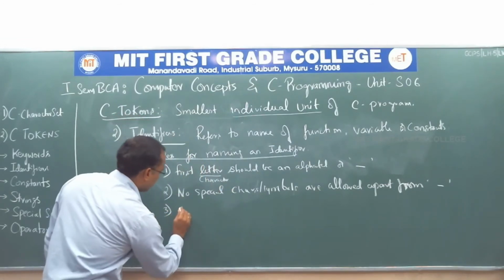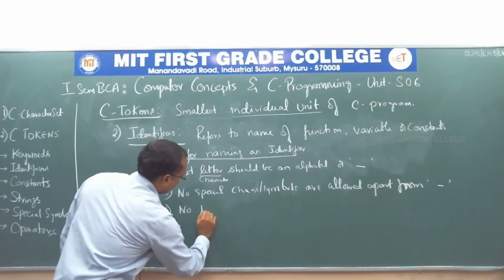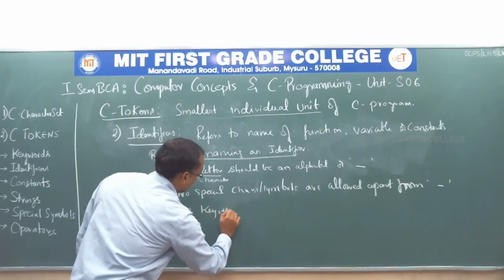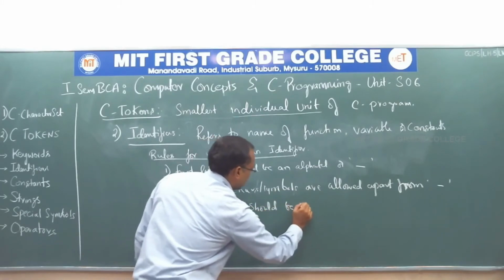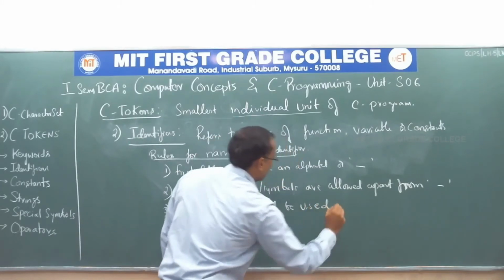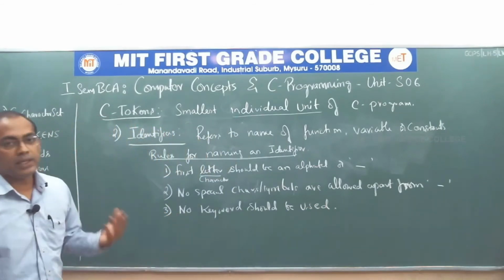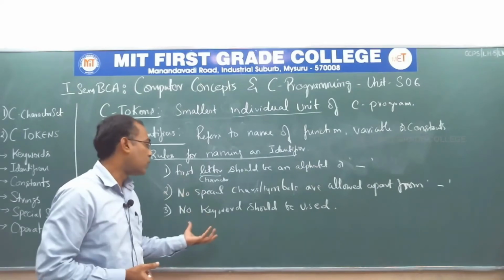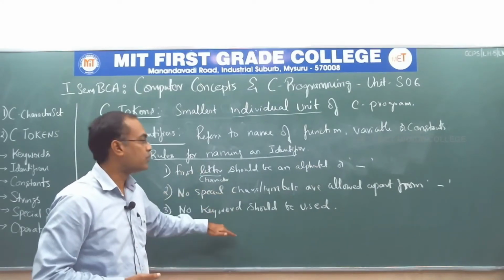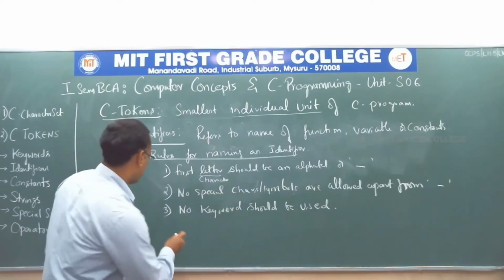The next is no keywords should be used. As I told you, keywords are nothing but reserved words which are reserved by the C compiler. Those words you are not supposed to use while naming an identifier.